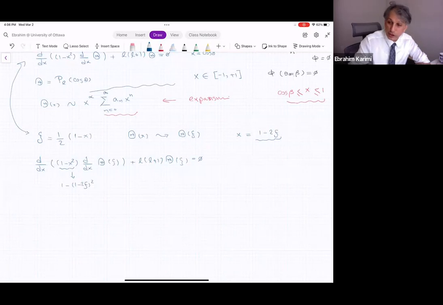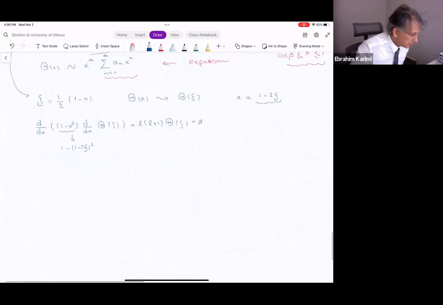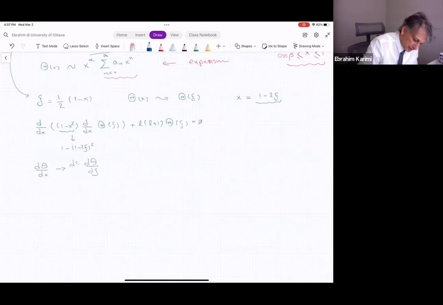And then I have to do the change of variable here as well, so let's do the entire calculation. The first term would be d theta dx. Now it will change to d theta d zeta times d zeta dx, which is minus 1/2 d theta d zeta. All right, guys.